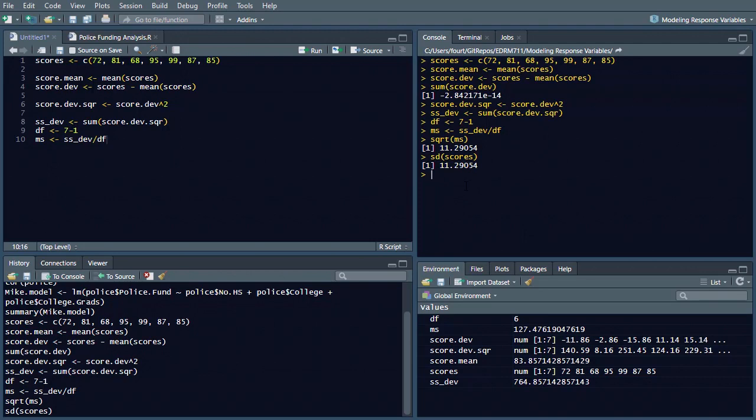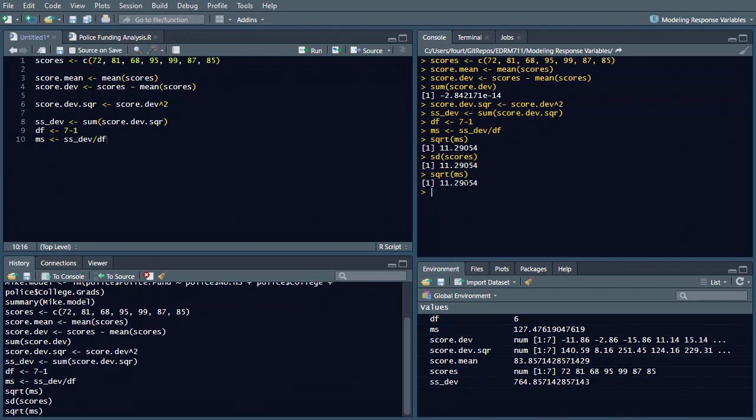So what we have done is look at the standard deviation as the square root of the mean square. The square root of mean square is the standard deviation of 11.3, and mean square is just the sum of squares divided by degrees of freedom.